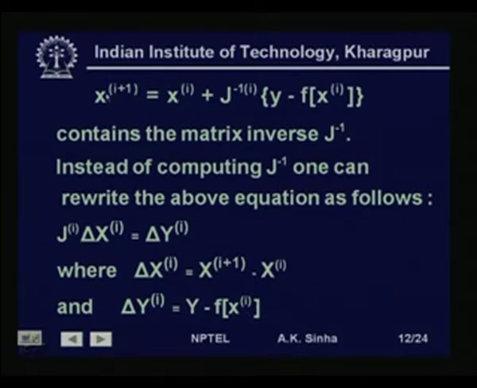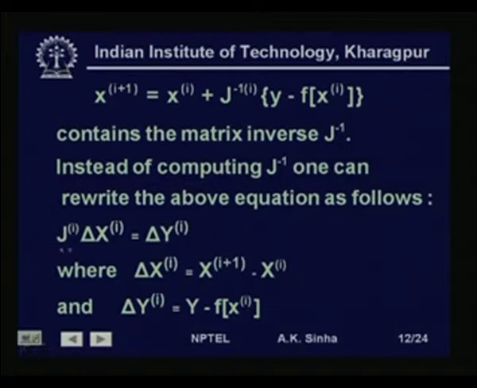That is, if we write x(i+1) minus x(i) as delta x, and take this to this side, then we have J i into delta x i is equal to y minus f(x i), which is nothing but delta y i. Here we are writing delta x i as x(i+1) minus x(i), and delta y i as y minus f(x) at the ith iteration.